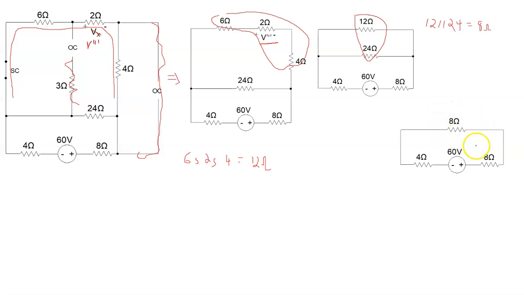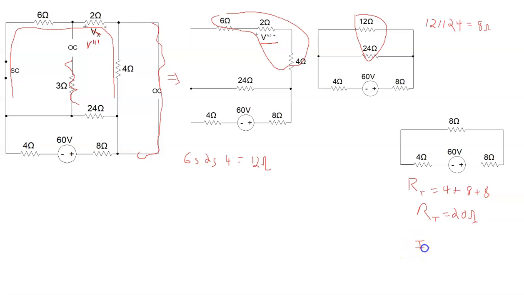So we put our 8 ohms in, and now we have in this circuit our RT is equal to 4 plus 8 plus 8, and our RT then is equal to 20 ohms.